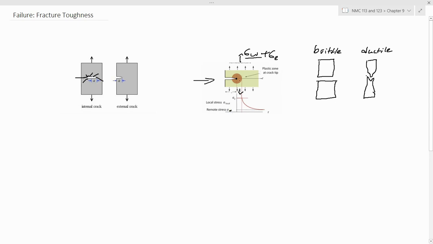So the closer you get to the origin of the crack, you start having a localized stress increasing. Just think of the analogy that I used of a wounded hand. That's basically it. So with fracture mechanics, we want to understand what the stress intensity is doing to facilitate the material to be able to fracture.